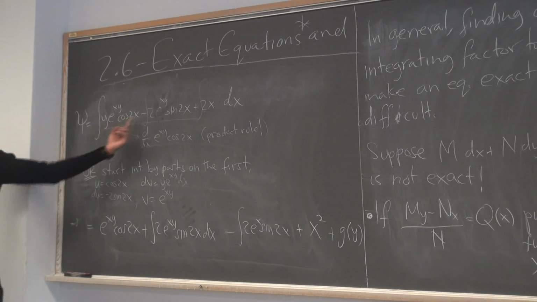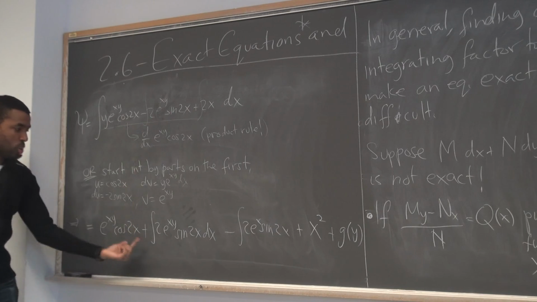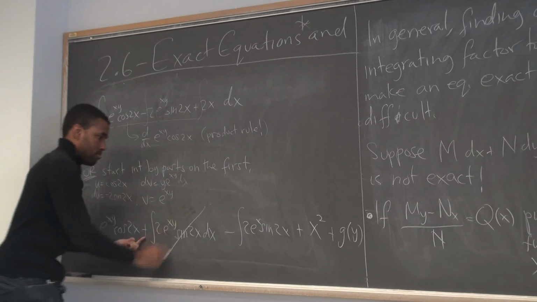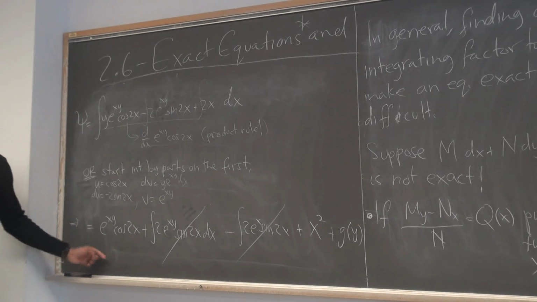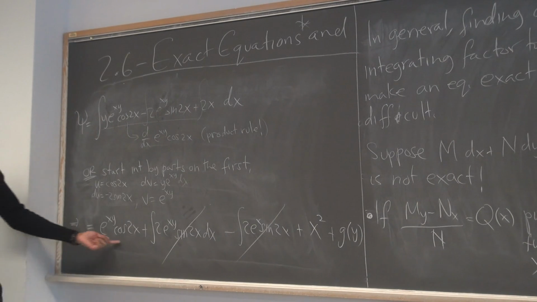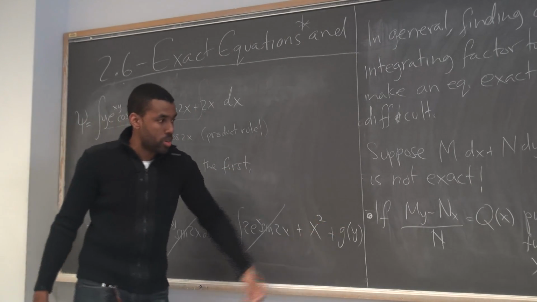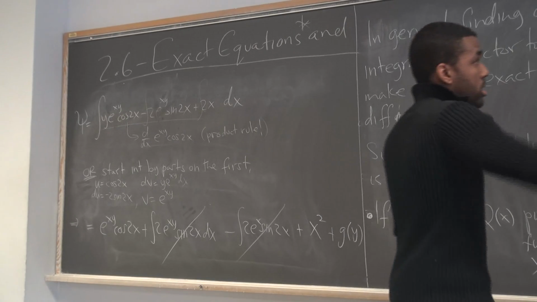So starting integration by parts here, the second term will end up being this integral here with the opposite sign. I get out of integration by parts for free. And then I just have this plus the integral of this with respect to x, which is just x squared plus a function of y. And then I do it on the other side.